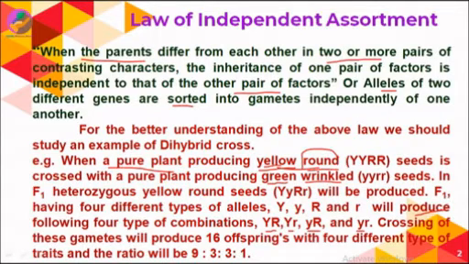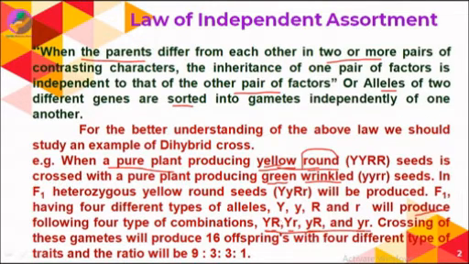Now you can see F1 contains four types of alleles: capital Y, small y, capital R, small r, and in combination they will produce four types of different gametes.